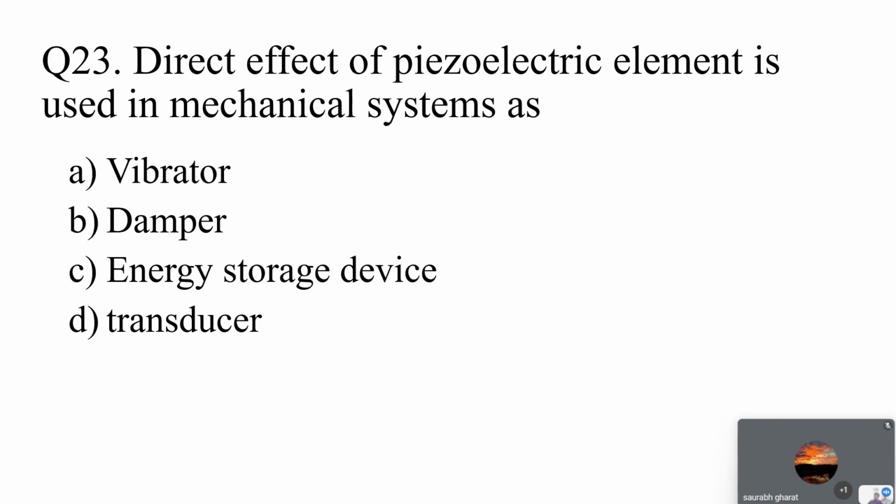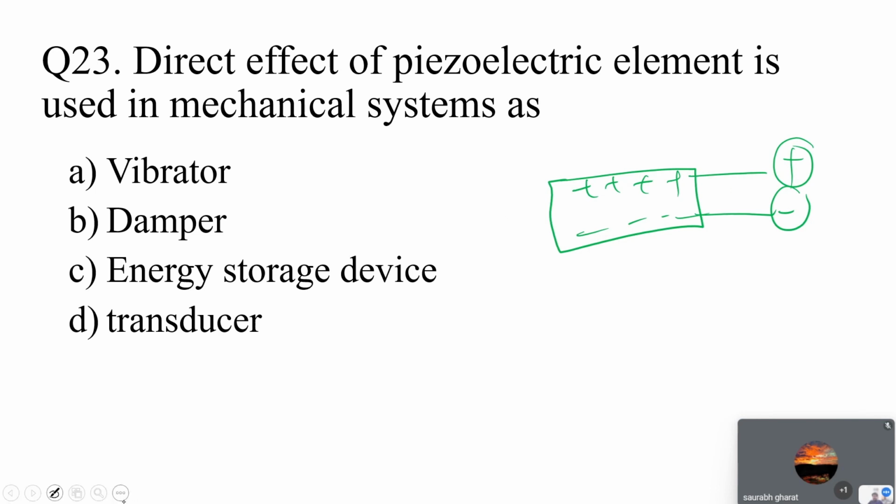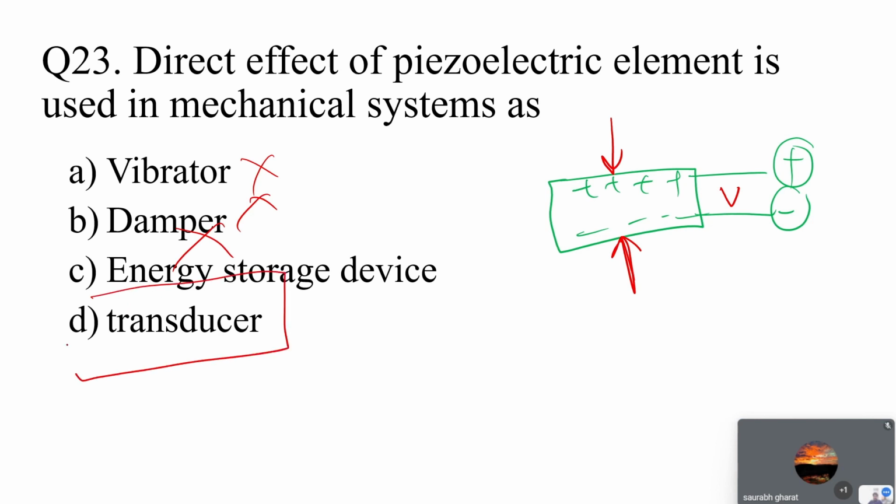What is the direct effect again? If we apply a force, with plus and minus terminals, a voltage will be generated here. So it is not a vibrator, not a damper, not even an energy device. It is a transducer to measure force.